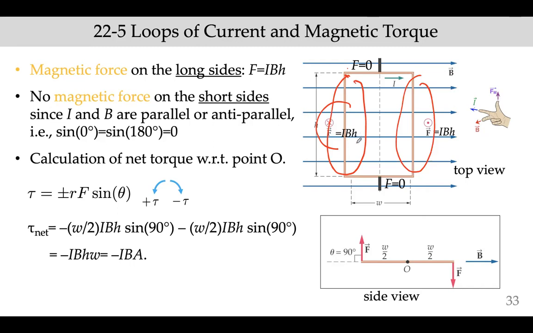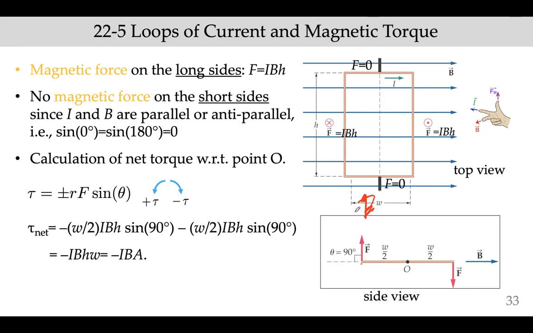Now, if you think about it, those two forces, this is the side view. Let's look at it from the side. So this part, the force is up, and this part, the force is down.